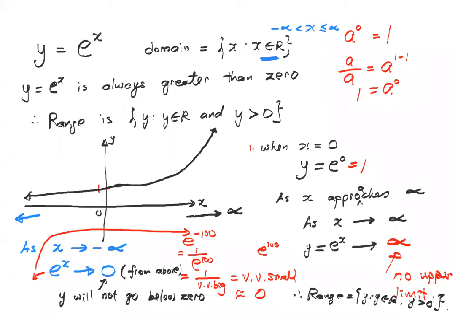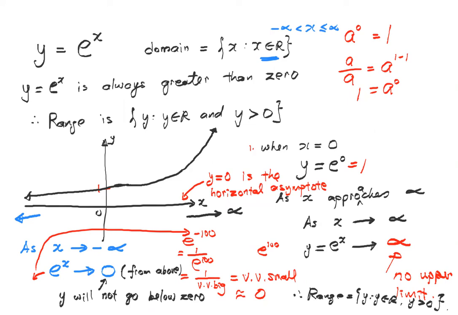So today, exponential. And then one more thing, very important. We call this line y equal to 0, that is the x-axis, the horizontal asymptote.